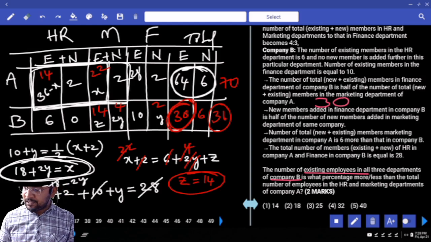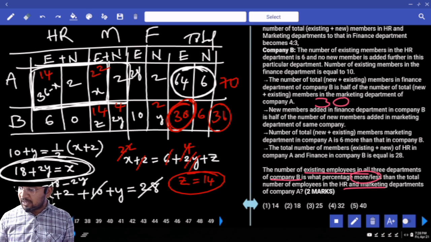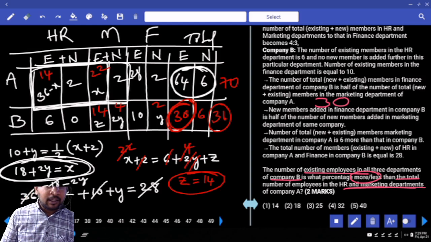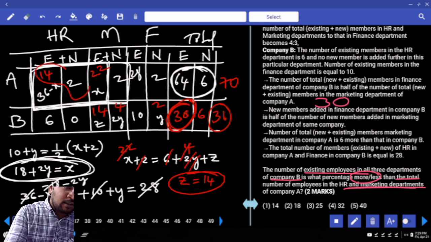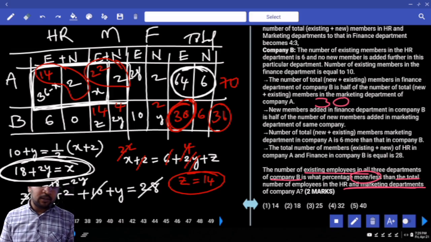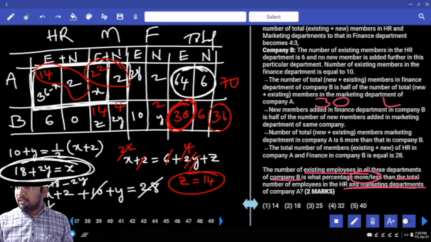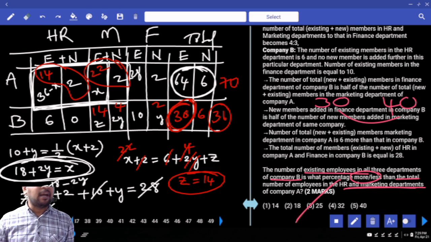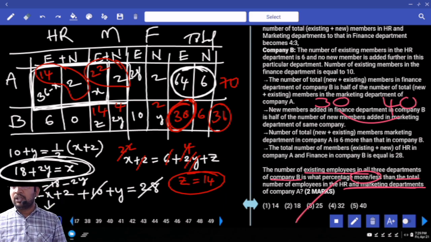The 30 is what percentage more or less than the total of HR and marketing? HR total is 16. Marketing total is 24. Together 40. How much less? 10 less. 10 by 40 is 1 by 4, which is nothing but 25%.